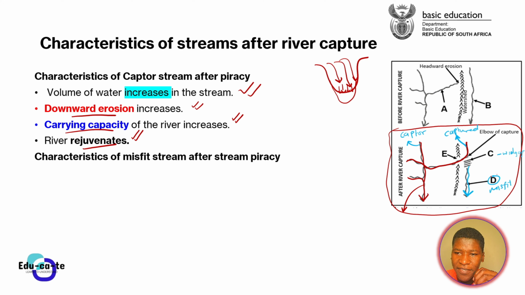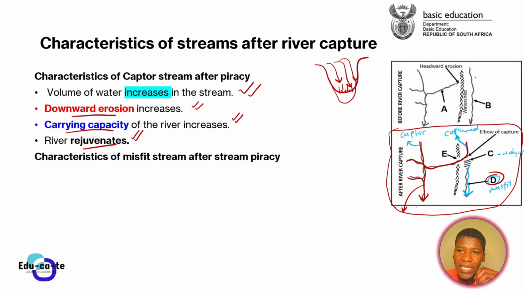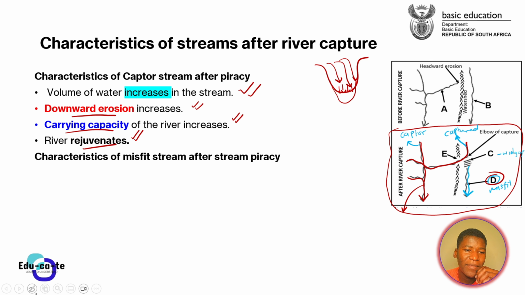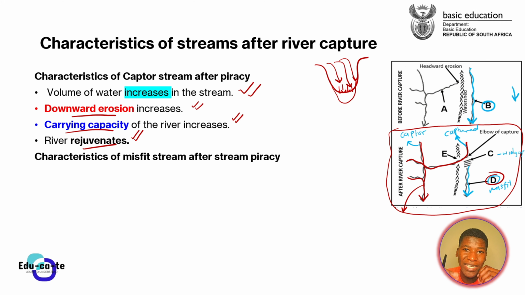D. This misfit stream, remember, the first thing, it has lost its water, because this misfit stream actually came from the captured stream. Because at first, remember, the captured stream was flowing peacefully. This blue one, which I'm highlighting, stream B, is the captured stream. It was flowing downwards here, peacefully in this direction. That is the captured stream.